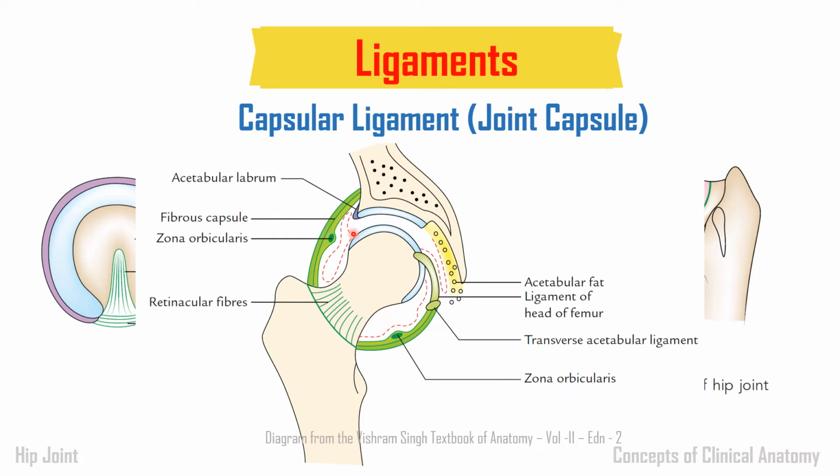And if we see the fiber arrangement in the joint capsule, there are two sets of fibers, the circular and the longitudinal fibers. The circular fibers are the inner fibers, which don't have much bony attachment, as these fibers form a circular arrangement, and are thicker around the neck of the femur.